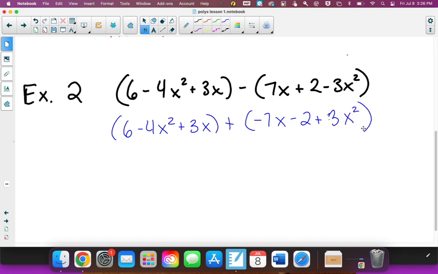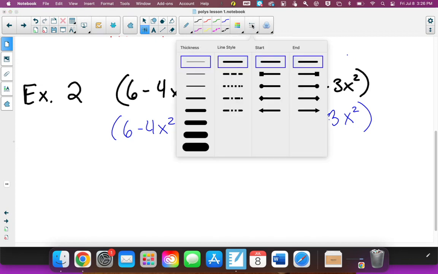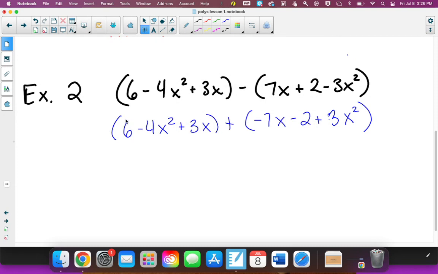You know, it's very easy if you don't rewrite it like this to make this a minus, make it a negative, but then forget to change the other sign. So I'm going to require you to rewrite it like this. All right, so now let's go ahead and combine our like terms.